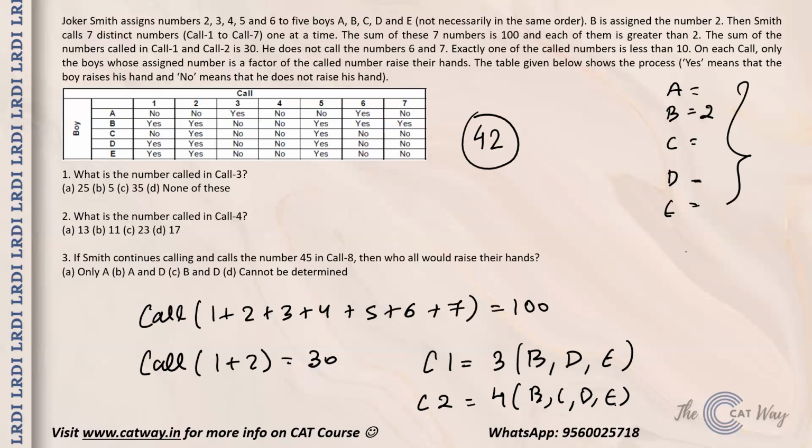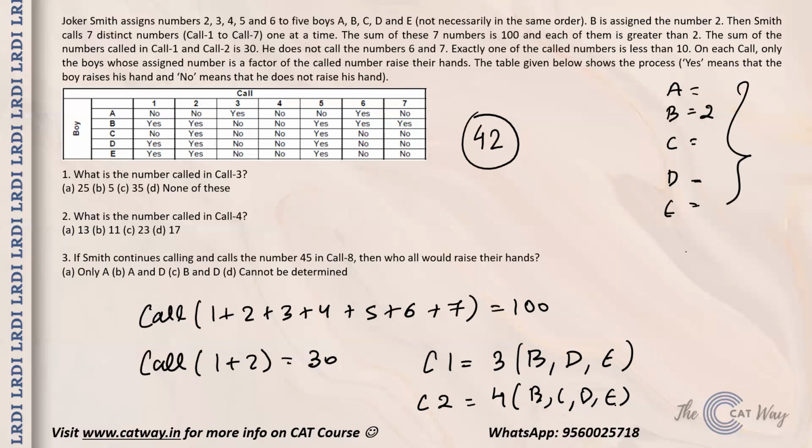If you look closely, A is the person who hasn't raised the hand in either of the numbers being called.